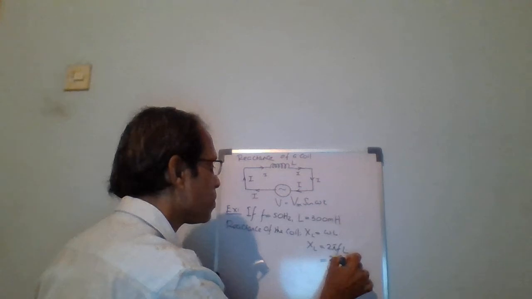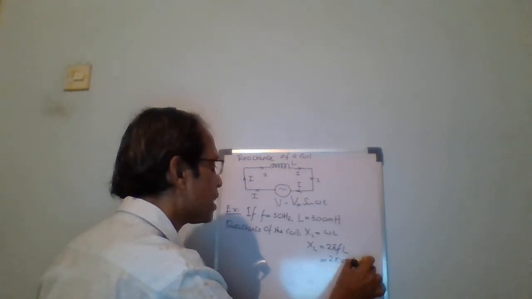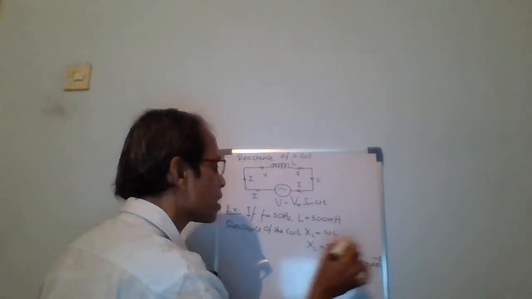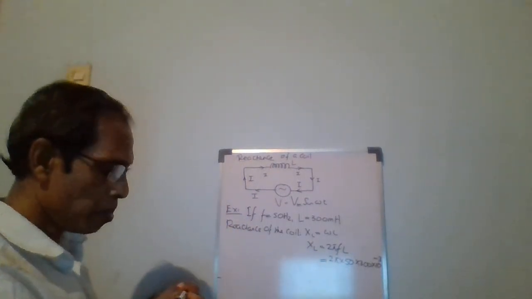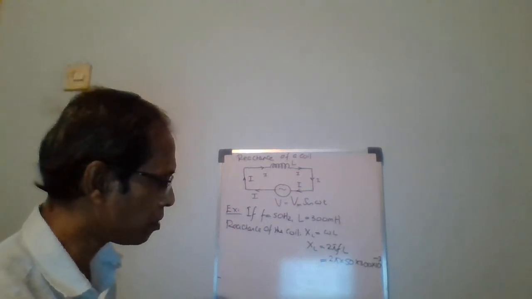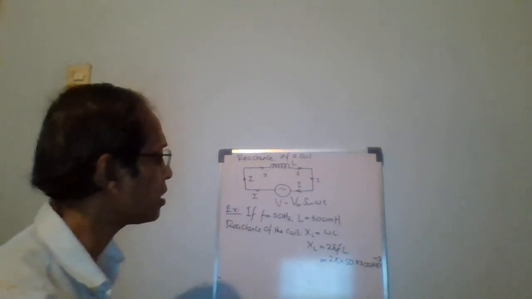2 pi f means 2 pi into 50. L is 300 into 10 to the power minus 3. Millihenry must be converted to henry, otherwise it is not correct. We convert to standard SI units.